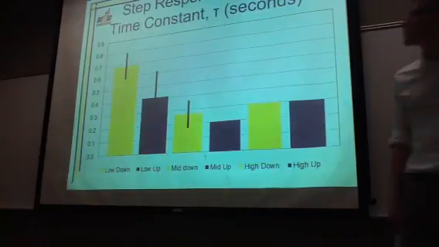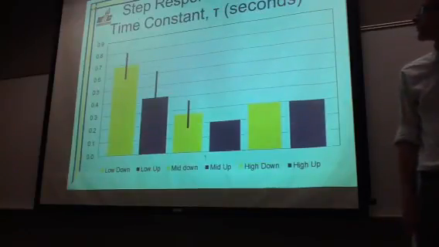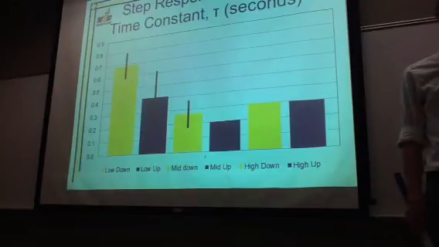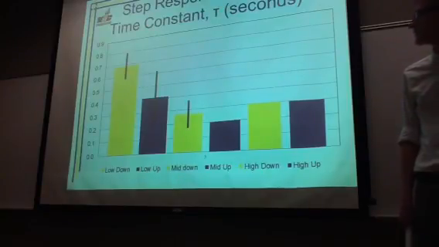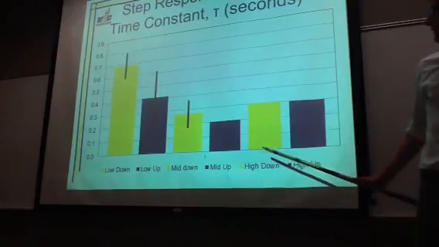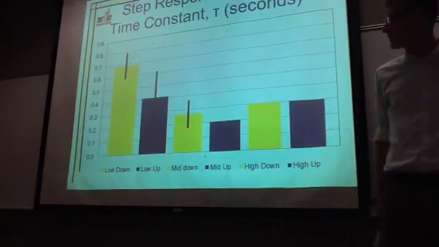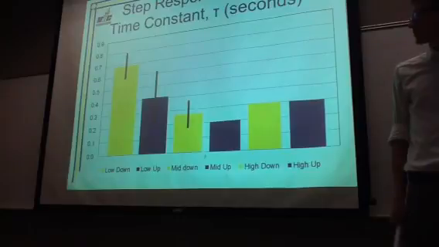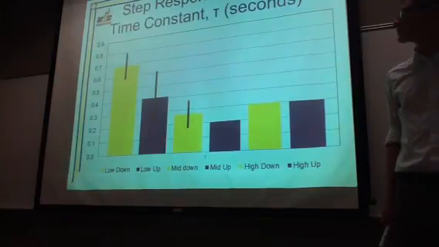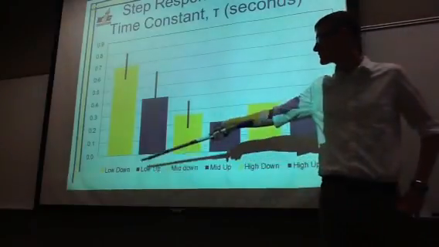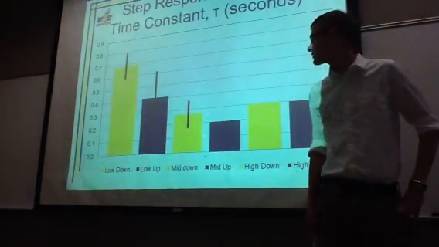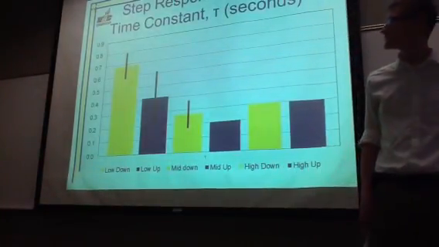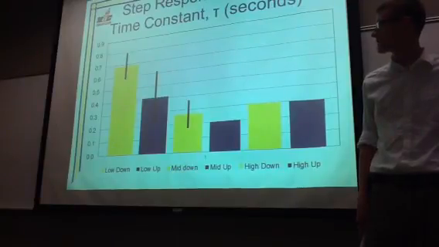And here, lastly, we see the step results for the time constant, which is the response time of the system to reach 62.3% of the desired output. You can see that for the higher and the middle region, for the step down function, we had about 0.3 seconds as our average response time, and we have a statistically different value for the lower region, which also had a large uncertainty for the response time.